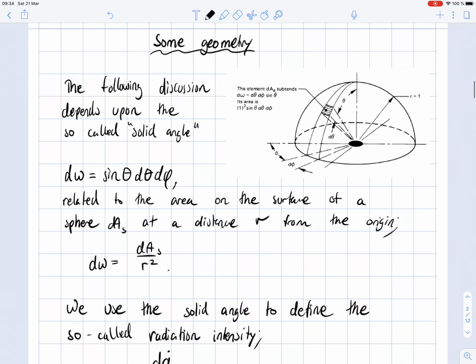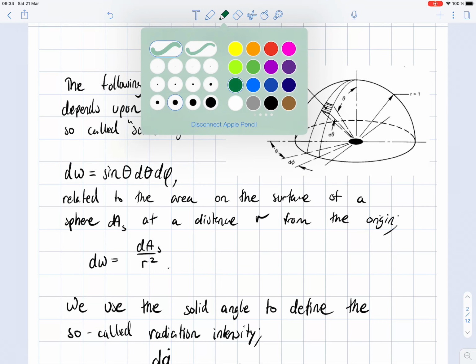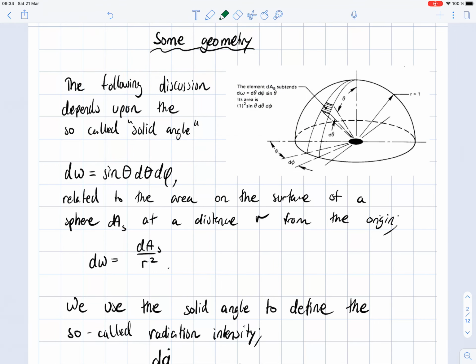So we will be doing quite a lot of geometry and trigonometry in this lecture to get hold of all the concepts. So we'll have to introduce some useful relations before we start on the actual physics. All of the discussions we will be doing in this lecture depend upon what we call the solid angle.